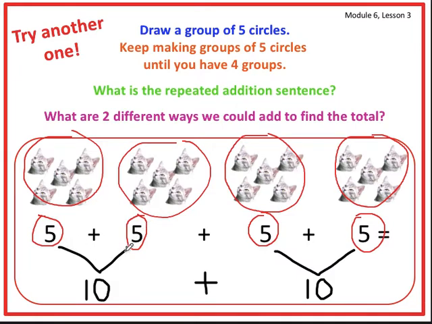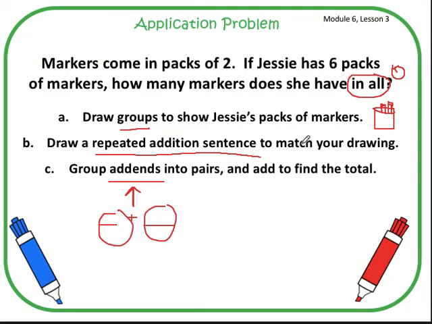We grouped our addends into pairs, groups of 2, doubles. So if you want to make that even easier for yourself, you can say group addends into doubles, and then add to find the total. I can't wait to see your work. Good luck.